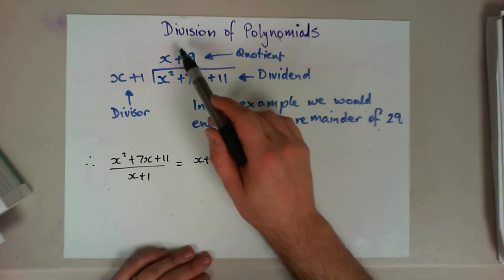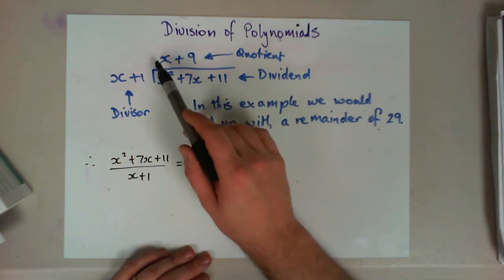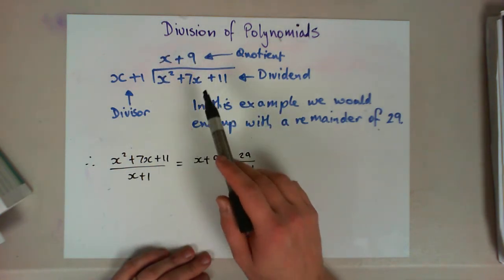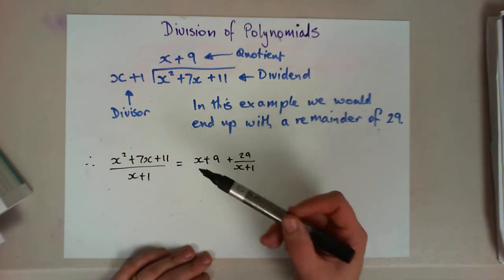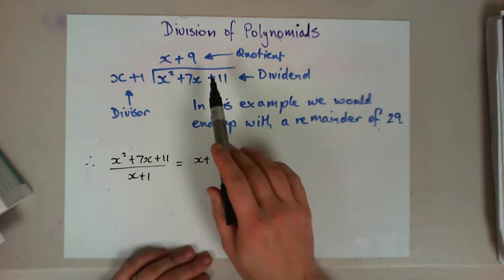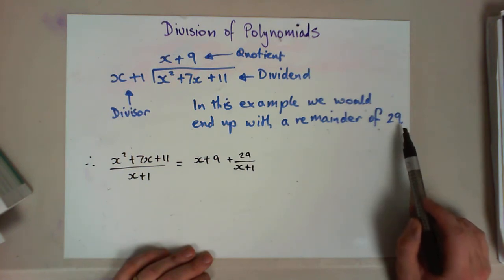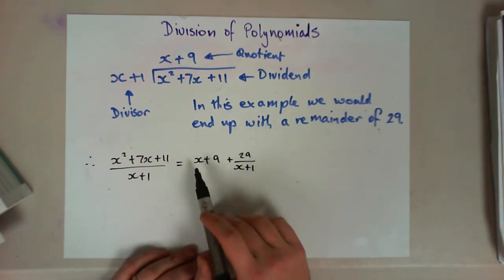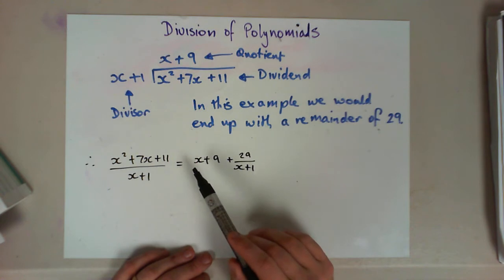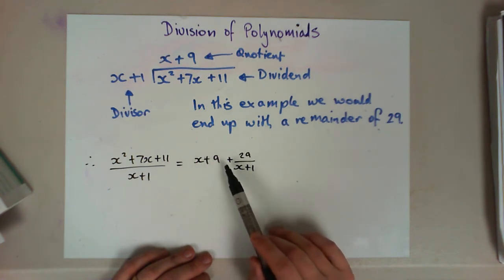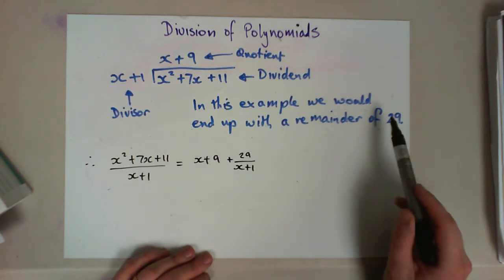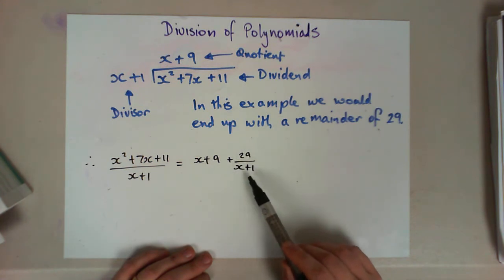Our quotient is the answer we get out. I didn't worry about doing the full working out for this because I didn't want to complicate things, but in this example we would actually end up with a remainder of 29 as well. So the answer is our quotient, x plus 9, plus 29, our remainder, divided by x plus 1.